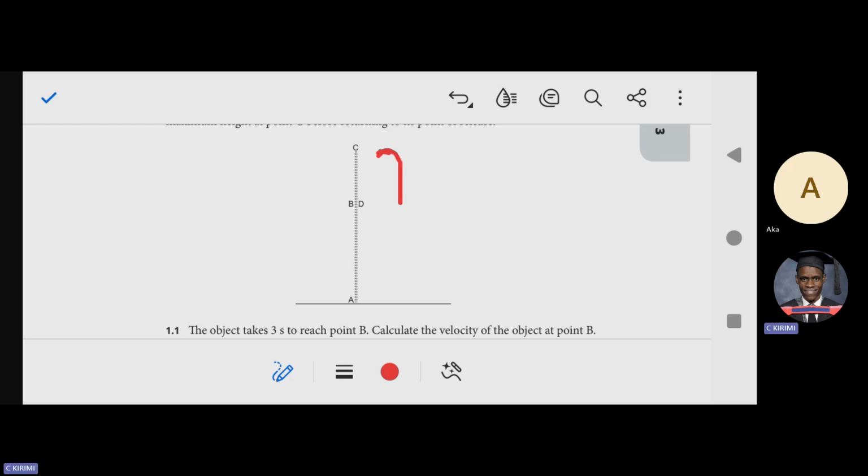My V initial was 50 meters per second. So I come from initial, I'm going upwards to the maximum, now I come back. At this point, if it takes 3 seconds, what was the VF here?